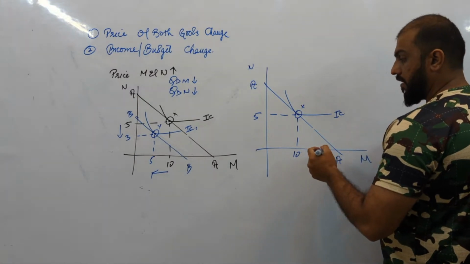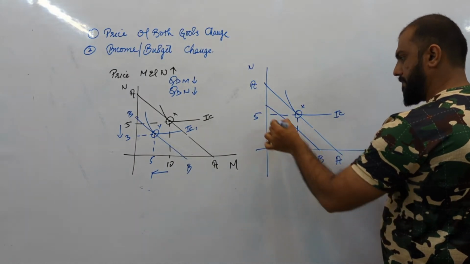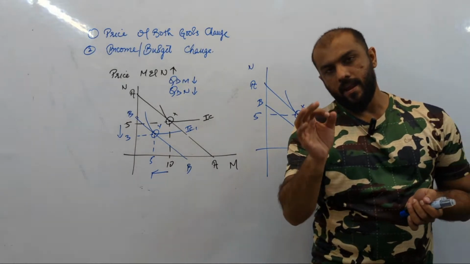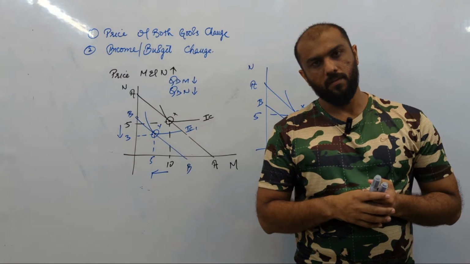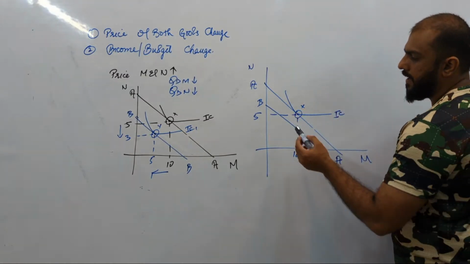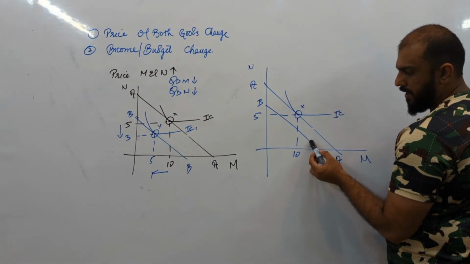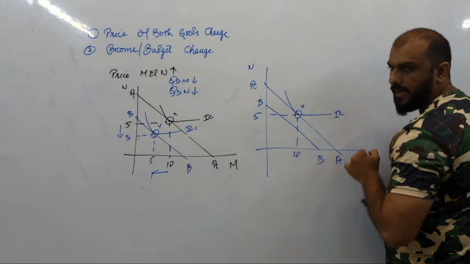Let's make it shift inwards to BB. Now, where my new equilibrium is established is up to me. I can make my new equilibrium over here, or I can make it simply below here, or I can make it in between, shifting it diagonally inside.